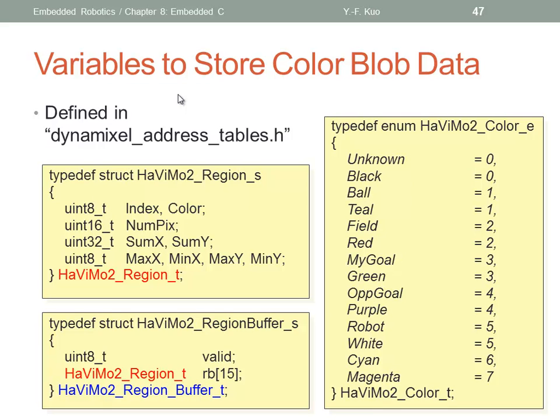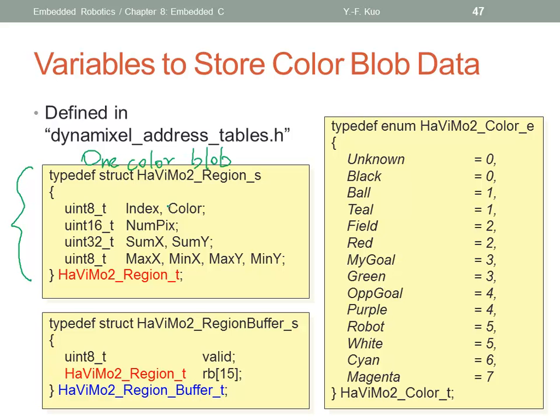In order to use the information from HaViMo2, we have to create a structure to store the data from the camera. So here we have one structure to store the information for one color blob only.